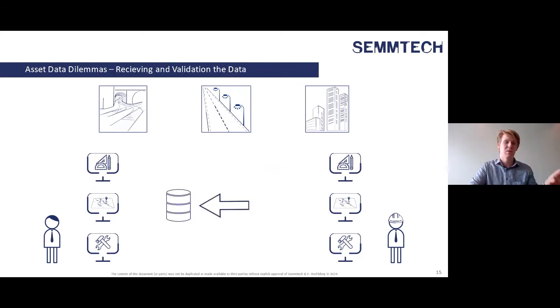Then the point arises where the contractor will have to share his additional asset information, because some light bulbs, for example, might have been changed, or he might have done some design changes. Something might have been built, and you want to know when, where, by whom this has been built, and the asset owner, of course, wants to have this information.